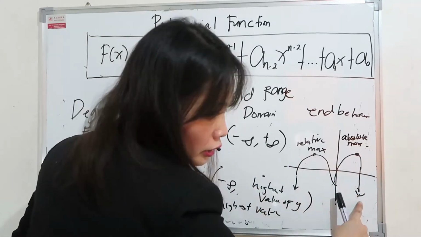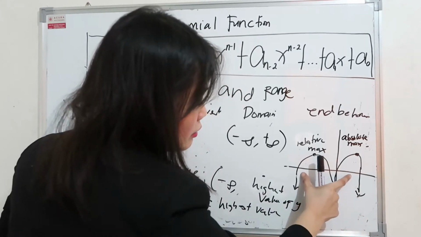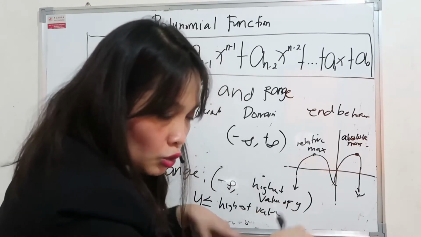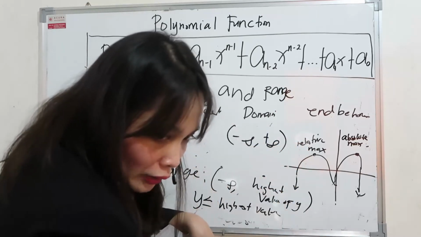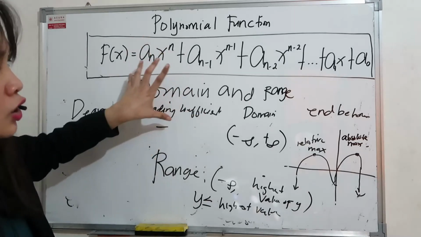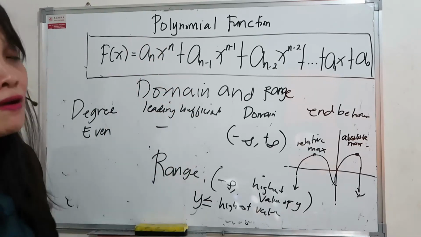Or in short, both ends down. Earlier, both ends up. Now, both down. So that is the concept in determining domain and range of a polynomial function.